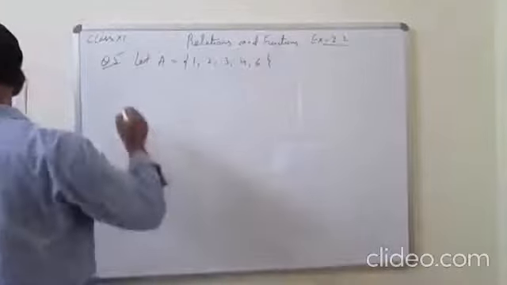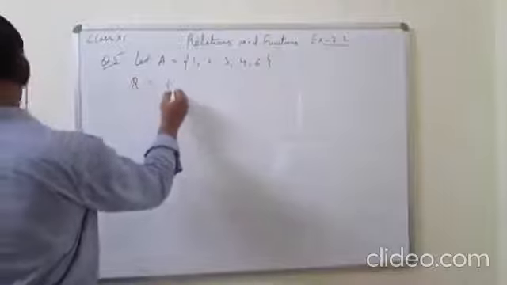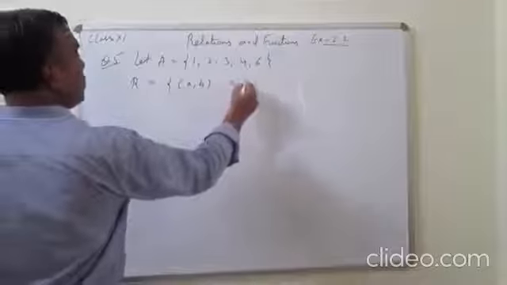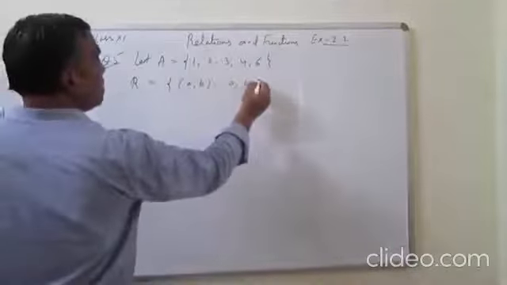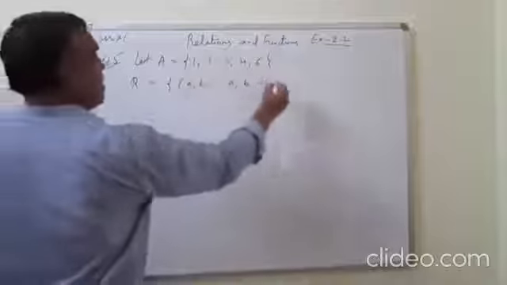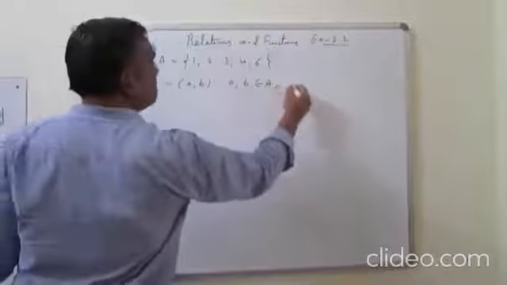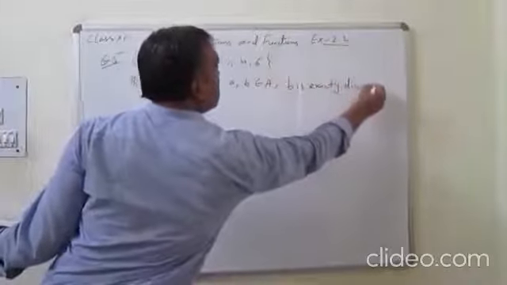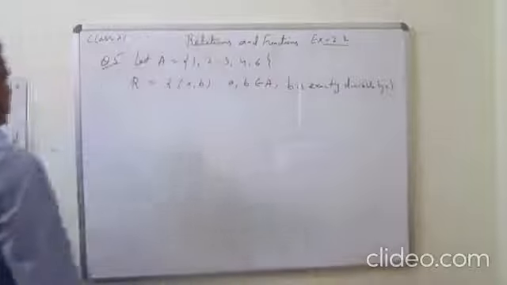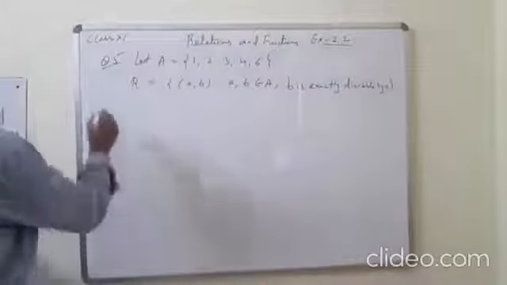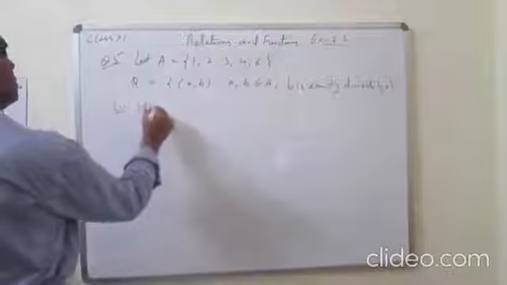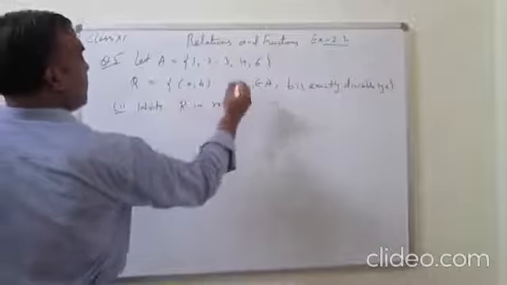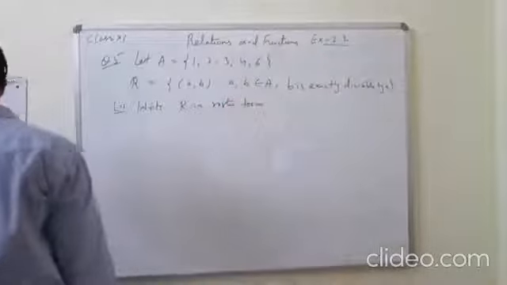And R is the relation defined as the ordered pairs (a, b) such that a, b belong to A, and b is exactly divisible by a. It is given in set builder form, and you have to write R in roster form.